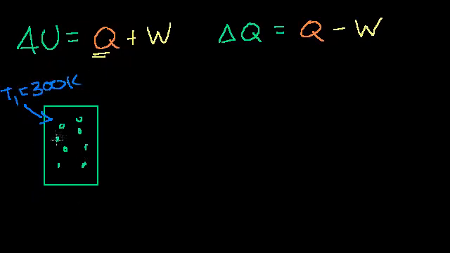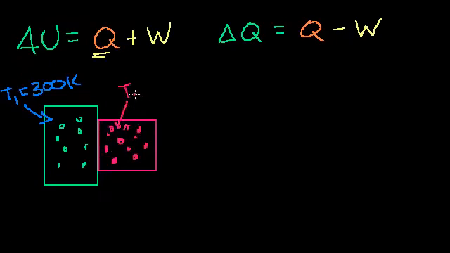If I want to add heat to this system, I can place another system right next to it. Who knows what size it is. And it's got some particles there, but its temperature is much, much higher. So let's say T2 is equal to 1,000 Kelvin. I'm just making up numbers.